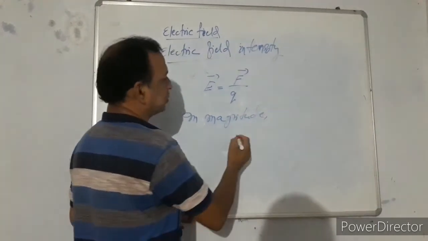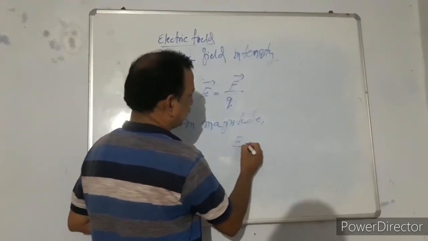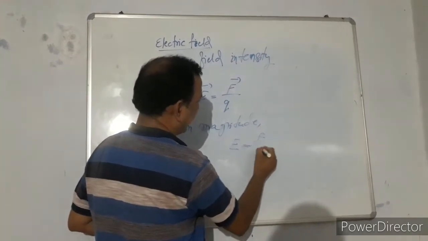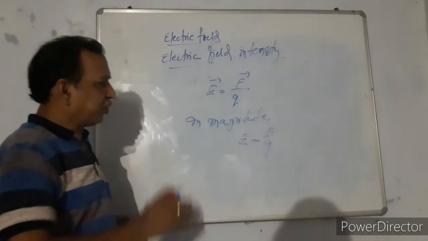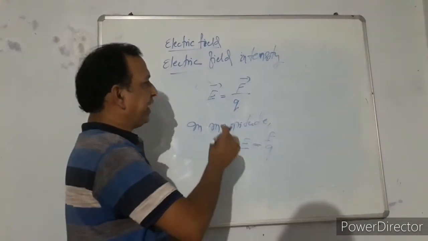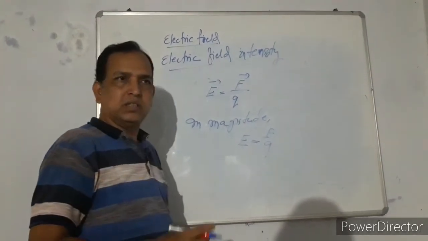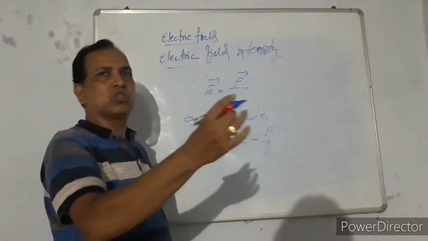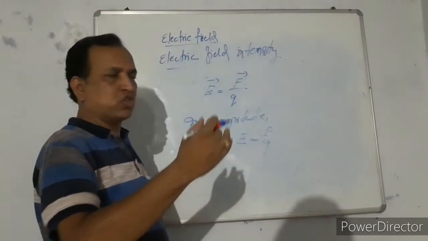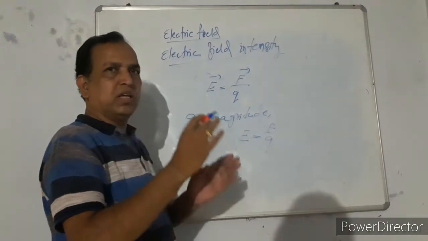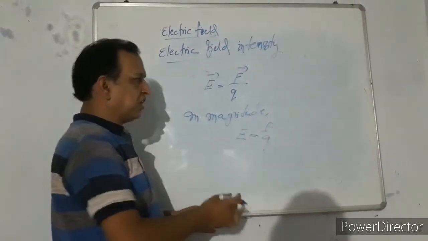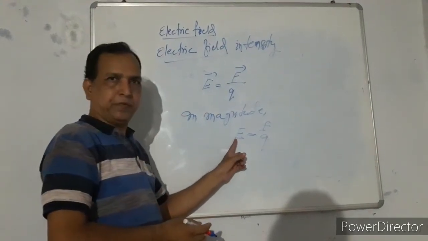E is equal to F by Q. This is the magnitude. The direction is along the direction of the force on the charge, so the direction of the force gives the direction of the intensity.